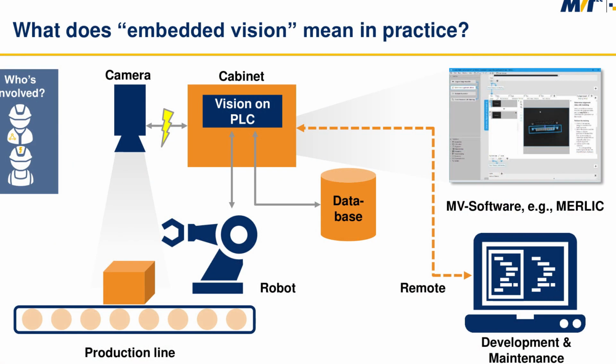Another approach is to use our software in an embedded way. It's embedded on a PLC, which means you have integrated the image processing directly into the PLC. So there is no extra PC needed anymore. You still have your industrial camera and your interface to the PLC.